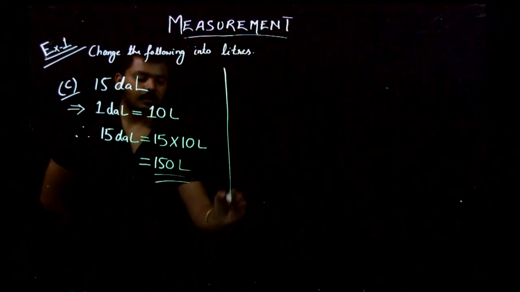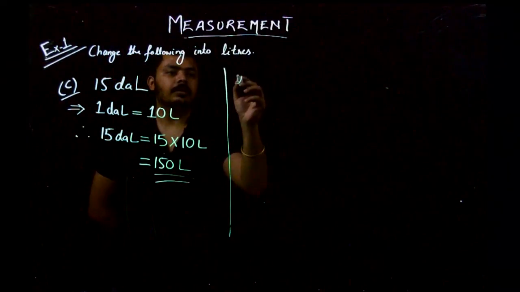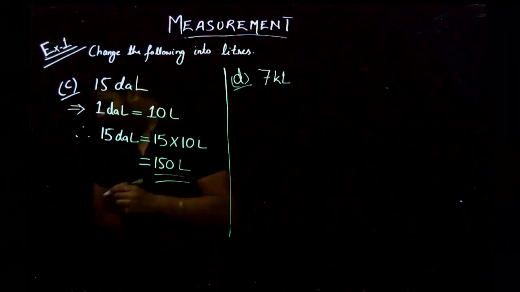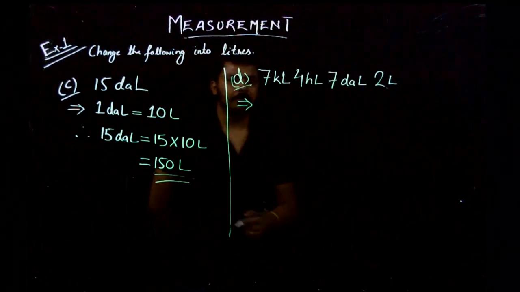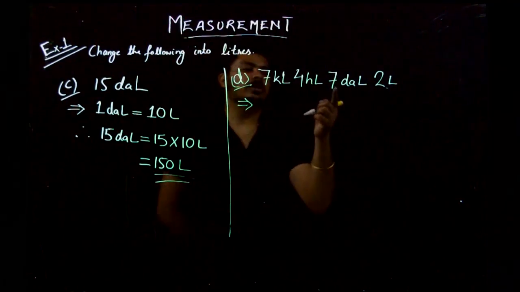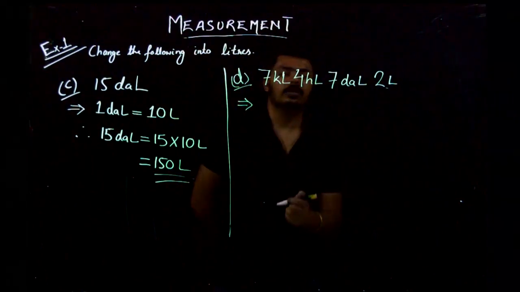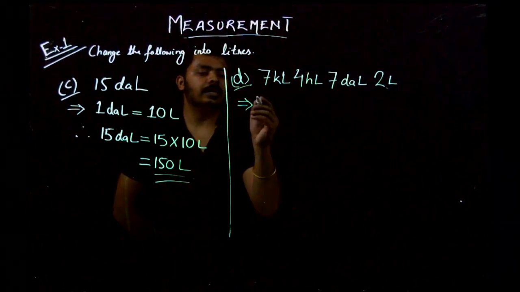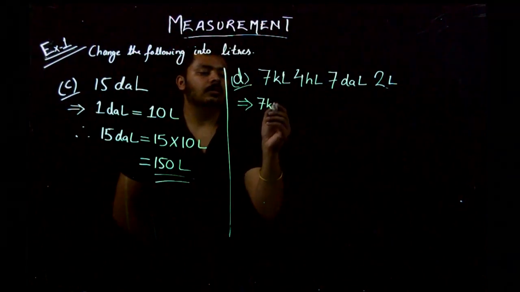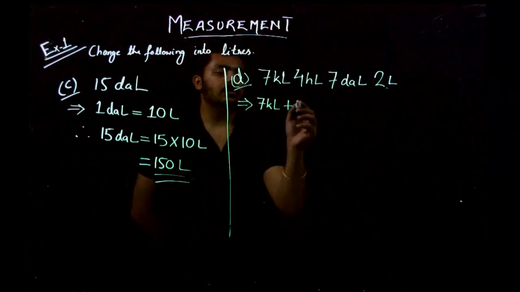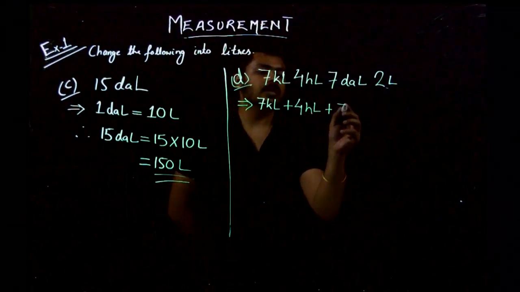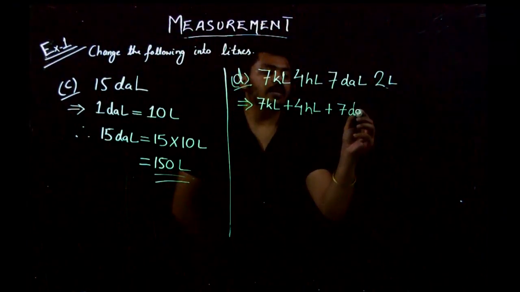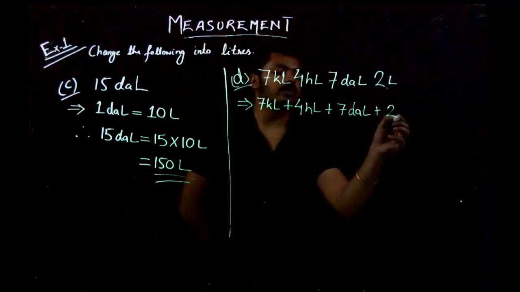Similarly, now let's see part D, 7 kiloliters, 4 hectoliters, 7 decaliters and 2 liters. So we can also write it as 7 kiloliters plus 4 hectoliters plus 7 decaliters plus 2 liters.